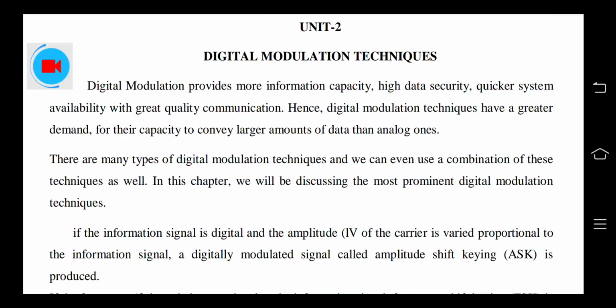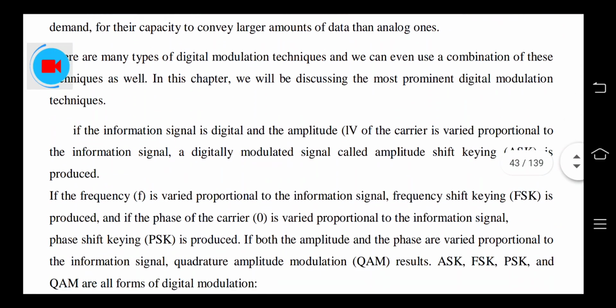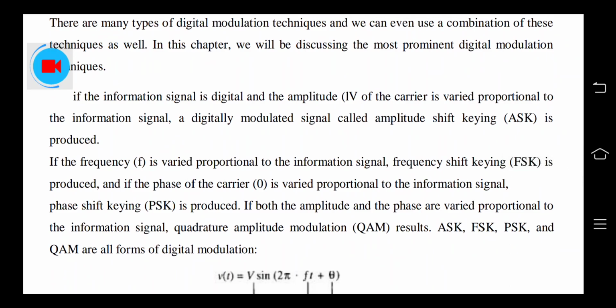Here, if the information signal is digital and the amplitude of the carrier is varied proportional to the information signal, the digital modulation signal is called amplitude shift keying modulation. Another technique is FSK, frequency shift keying modulation, which varies the frequency according to the pulse duration of the input signal.